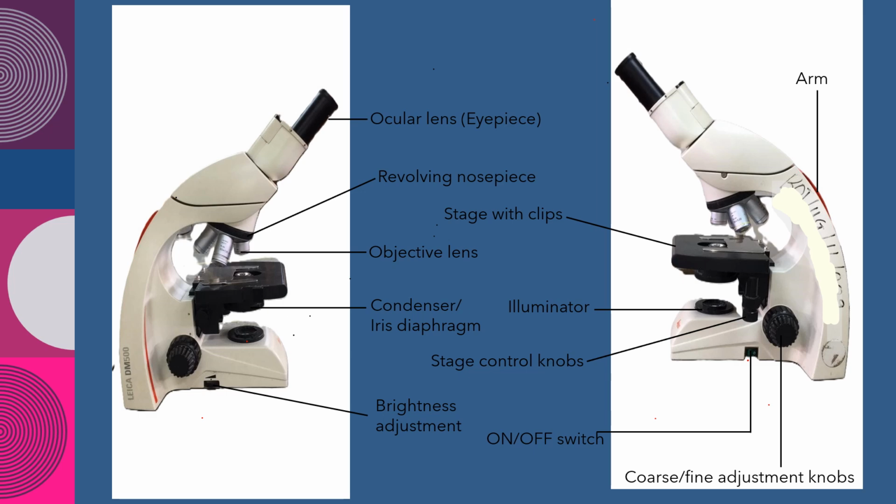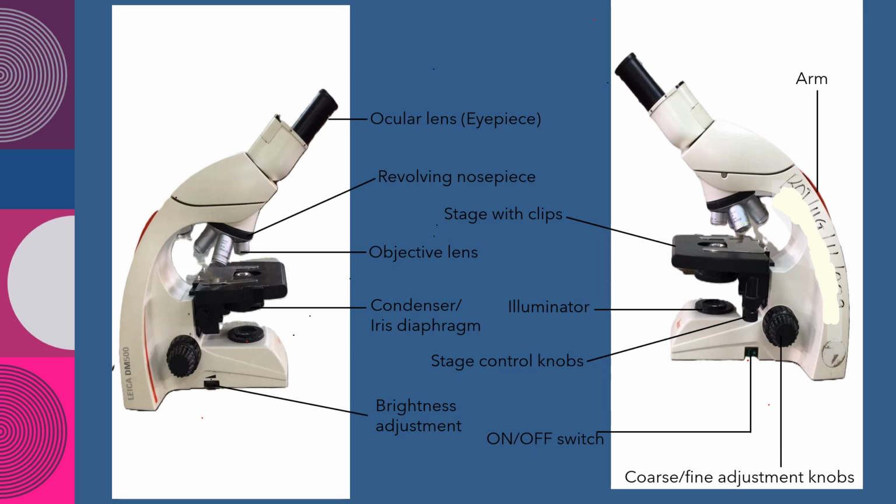The coarse and fine adjustment knobs also are used to control the stage, but they move the stage either up or down. So that's the difference between the coarse adjustment knob, fine adjustment knob, and the stage control knobs. The on and off switch is obvious. It's used to turn the microscope either on or off.